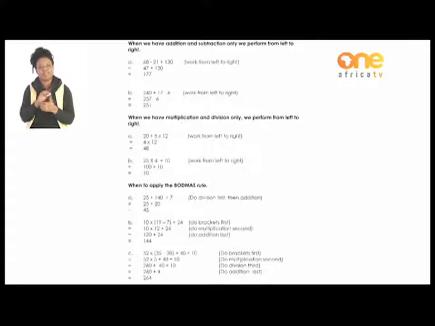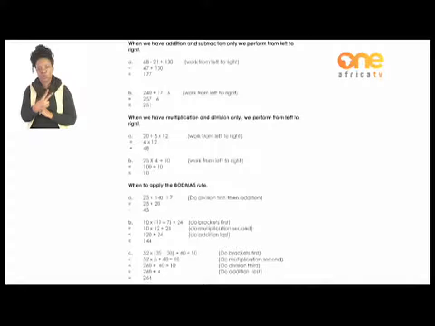So we do the addition part first. We say 240 plus 17 equals 257, minus 6. Now we do the minus part: 257 minus 6 equals 251.